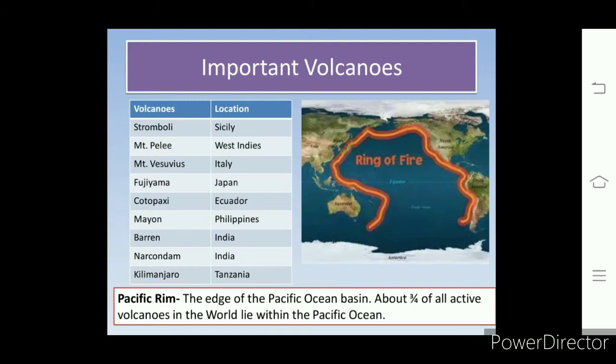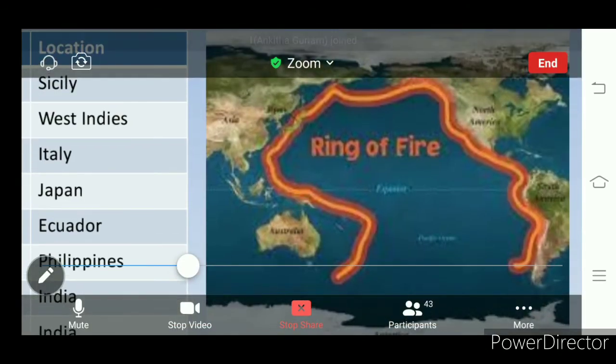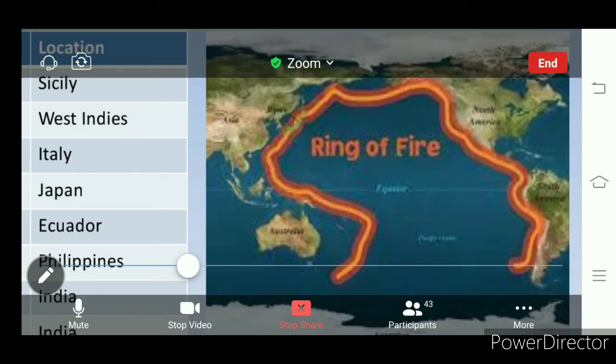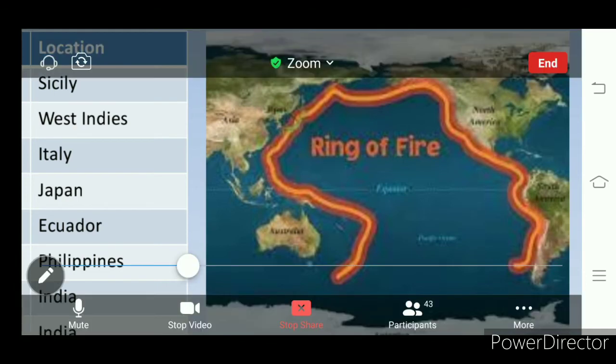Understand? Dear students, look at this slide. What do you see here? It is the world shown in a way that South America and North America are shown towards the east, and Australia, Asia, Europe are shown at the west, right?